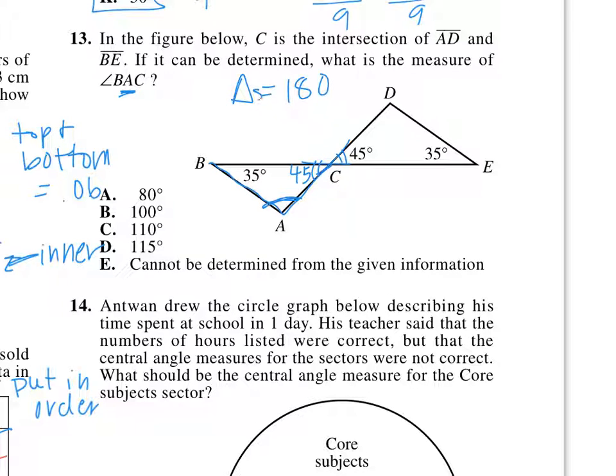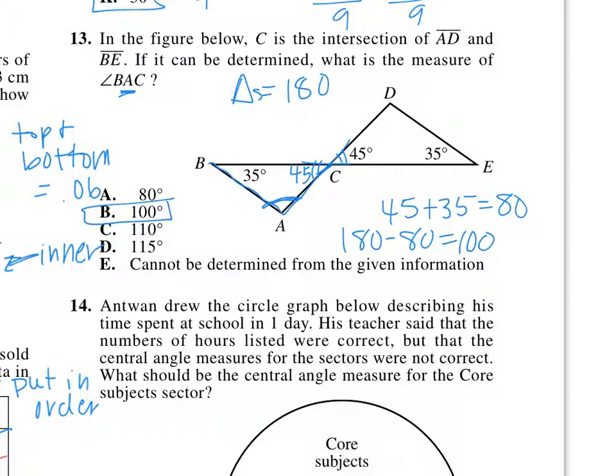So 45 plus 35 is 80, I believe. Yep. And then 180 minus the ones we already have is 100. So angle BAC is 100 degrees.